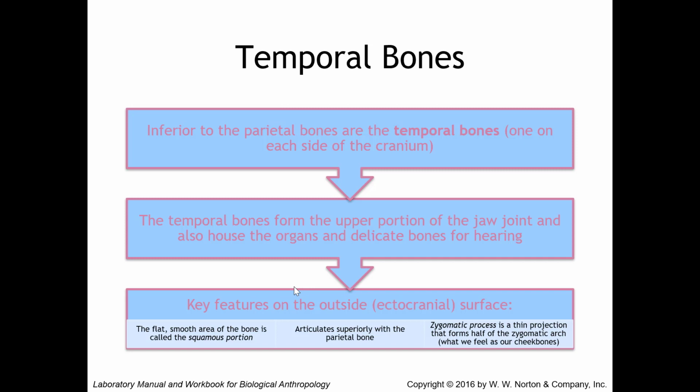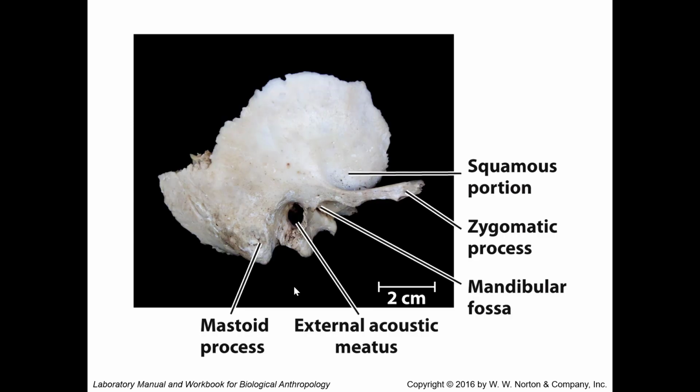On the outside of the temporal bones, or the ectocranial surface, you've got the flat smooth area of the bone. This is called the squamous portion. This also articulates superiorly with the parietal bone. Then you've got the zygomatic process. It's a thin projection, and that forms half of the zygomatic arch, which is what we feel as our cheekbones, right?